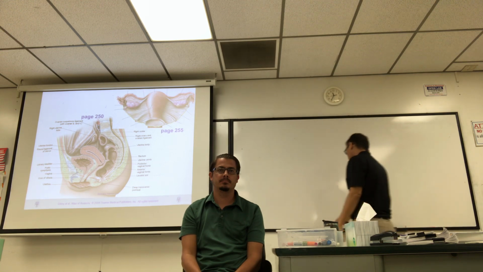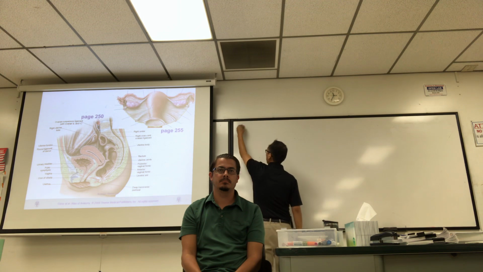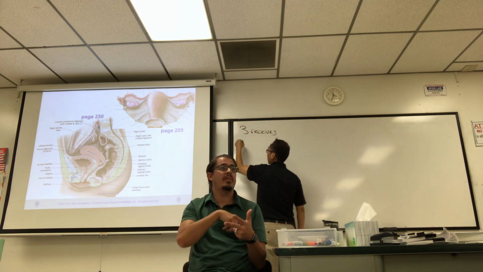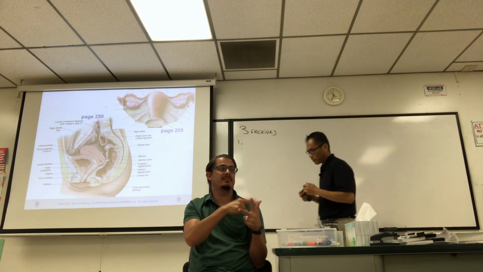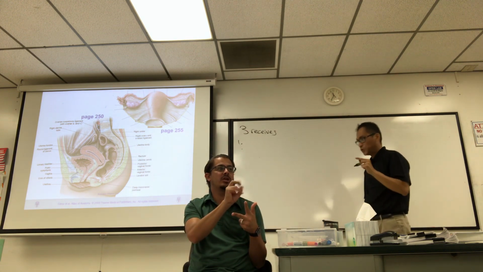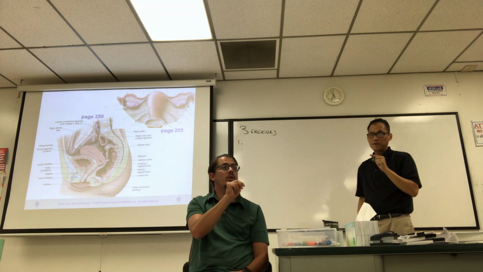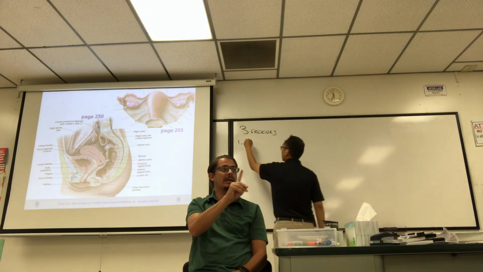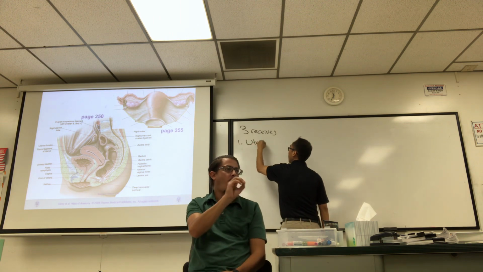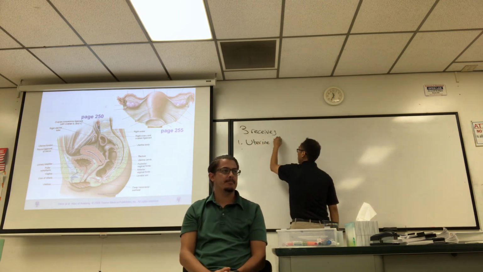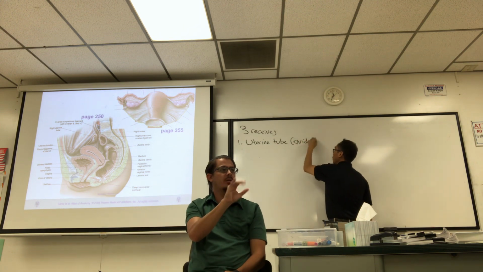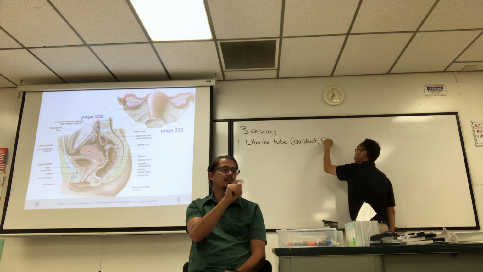So the first thing that must occur in what I call the 3 receives, ovulation must occur. So I'll say that the uterine tube must receive an ovulated oocyte or egg. Now the uterine tube is also known as the oviduct, or an older term, fallopian tube.